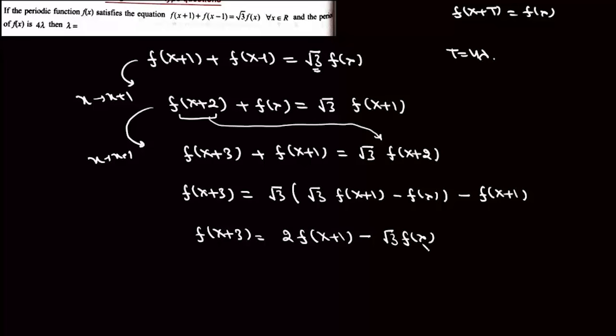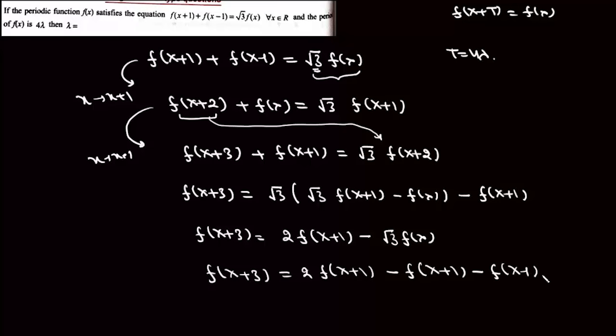Now it all makes sense because we have root 3 f(x), which we can write as f(x+1) plus f(x−1). So we can write f(x+3) will be 2f(x+1) and then minus (f(x+1) plus f(x−1)).